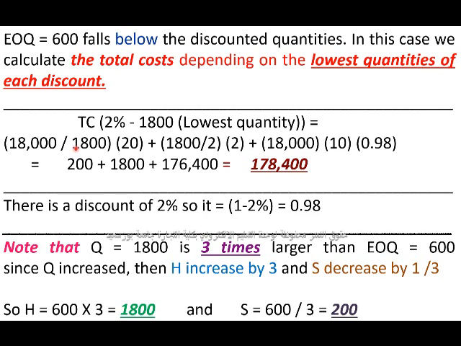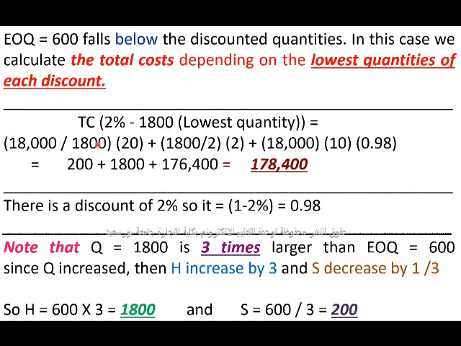Keep in mind, if you use a discount, don't use EEQ here, but use the lowest quantity. If you return to your exercise, you can see 2% for quantity from 1,800 to 3,000.